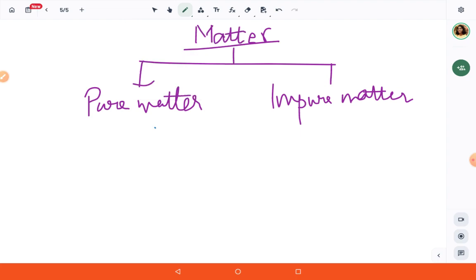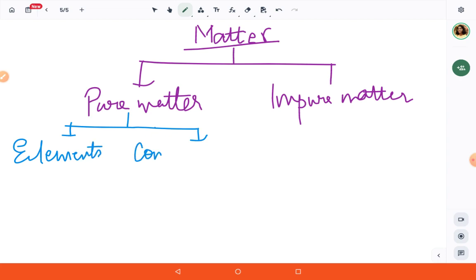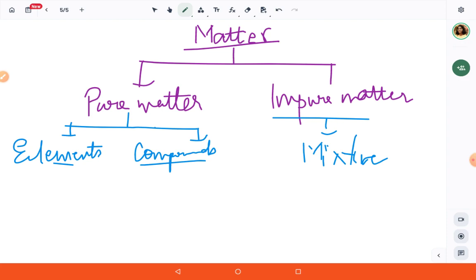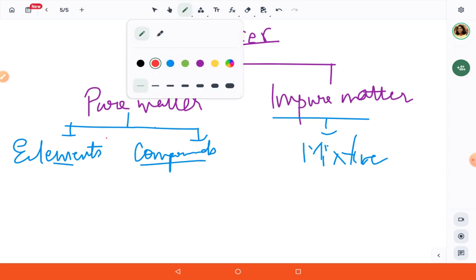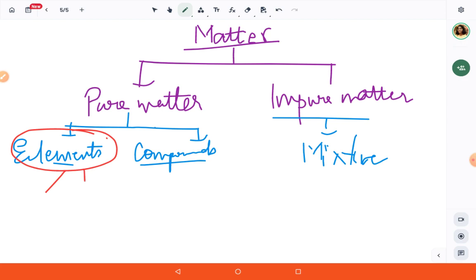Now pure matter is again classified into elements and compounds. And talking about impure matter, impure matter is a mixture. Now again, the element is classified into three types: metal, non-metal and metalloid.